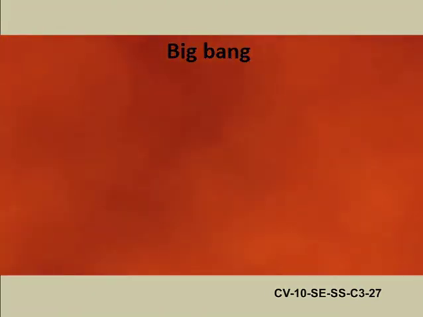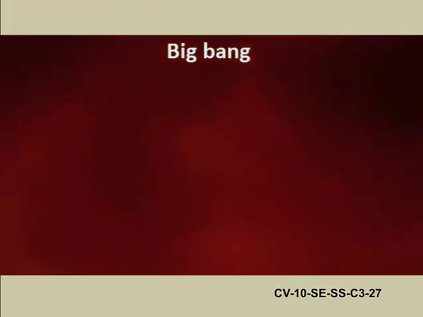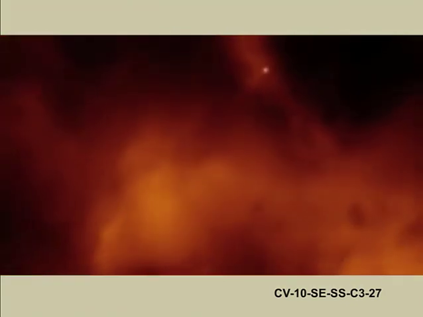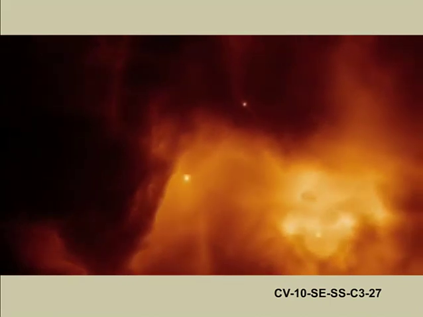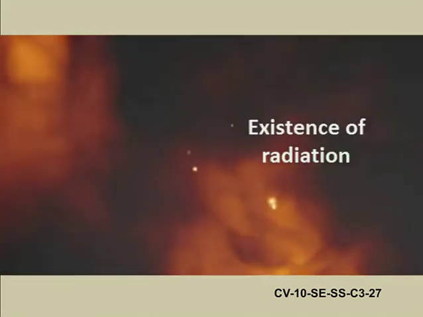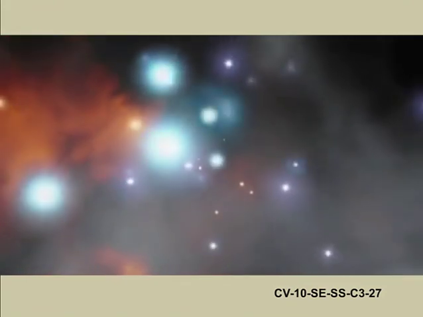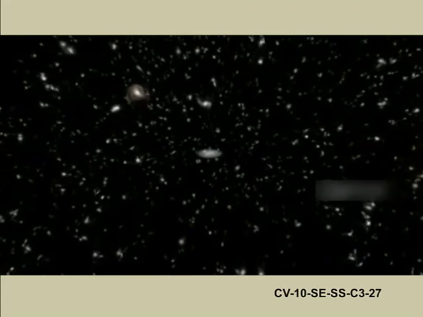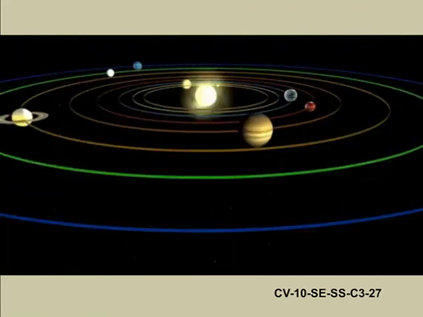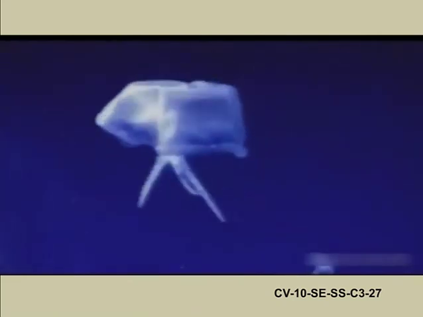After this Big Bang, matter and radiation cooled. Stars and galaxies were formed. The existence of radiation that was released at the time of the Big Bang proves the Big Bang theory. Planets came into existence. Eventually, life came into existence on Earth.